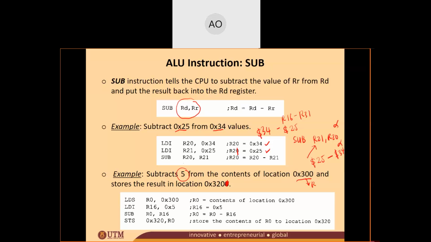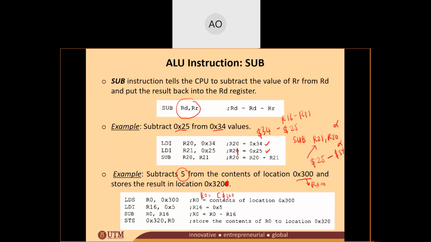So first, we need to get the content from this RAM address into your GPR, and at the same time load this value here into another GPR. So we use LDS R0, 0x300. R0 will have the content from address 300.